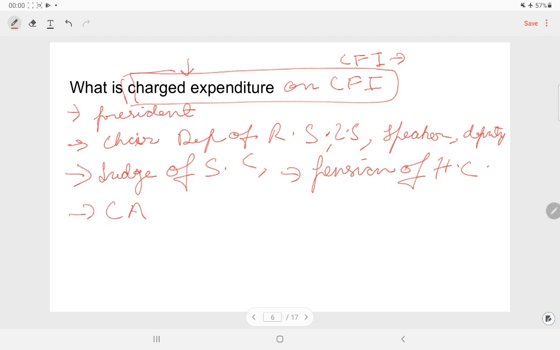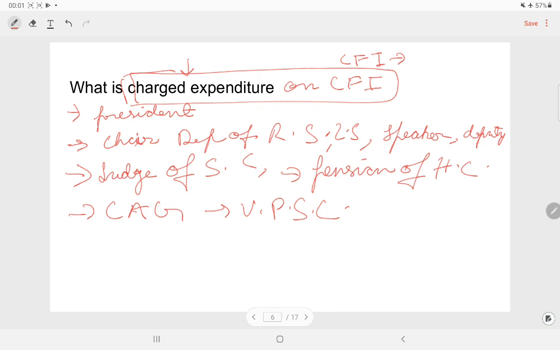Similarly, the CAG, the Comptroller and Auditor General of India, his salary and allowances are from the CFI only. And similarly the members of UPSC. Not the IAS and IPS officers, who come under the Department of Personnel and Training, DOPT, but the members of UPSC, the people who select them. Their salary and allowances are from the CFI.